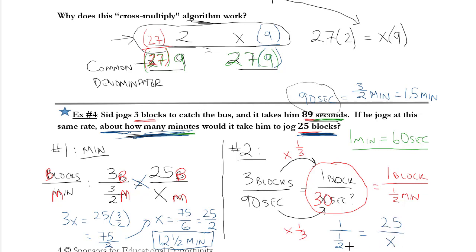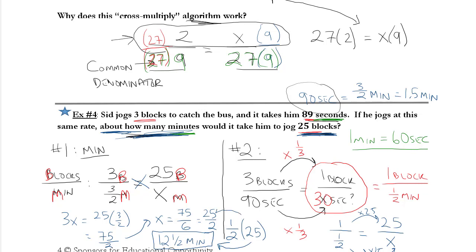If we want to reason proportionally, we're multiplying the numerator by 25, so we have to do the same thing over here. Multiply this by 25 to get our value of x. And what is 1/2 times 25? Sorry, we're running out of space. 1/2 times 25 is 25 over 2, otherwise known as 12.5 minutes.